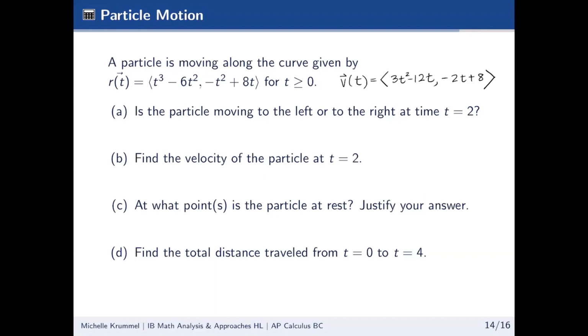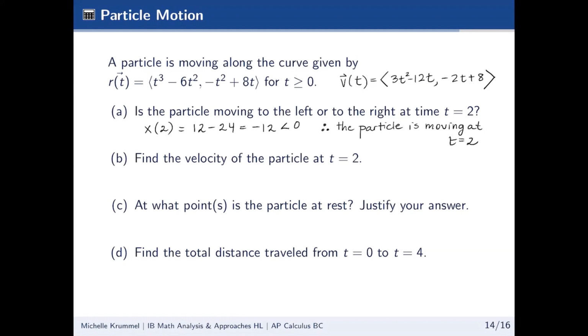Let's go ahead and just figure out if that x component, so x of 2, is positive or negative. x of 2 would be, let's see, 2 squared is 4 times 3 is 12, minus 12 times 2 equals negative 12. And negative 12 is less than 0. Therefore, we can conclude that the particle is moving left at this specific time, at t equals 2.